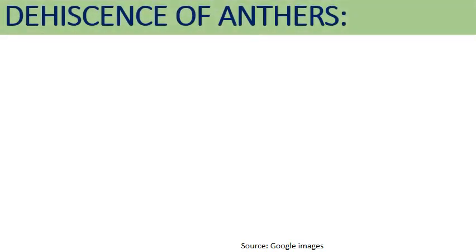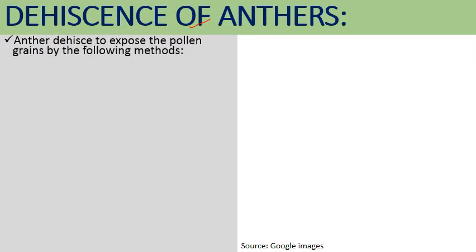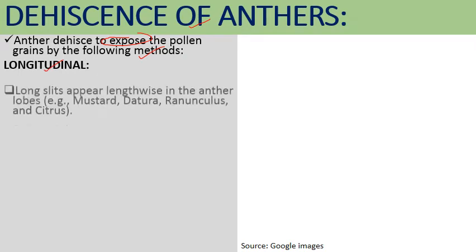Next is dehiscence of anthers. Dehiscence means how anther releases the pollen grains from pollen chambers. So that process of release of pollen grains from anther is known as dehiscence. So there are various methods in which anther dehisces to expose the pollen grains. The first one is longitudinal dehiscence.